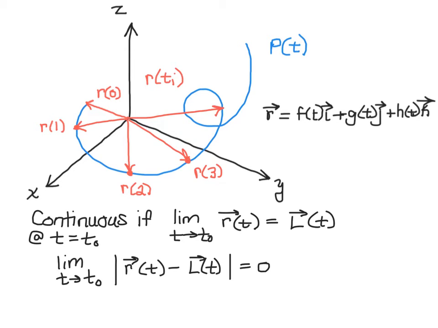So this is an easier way to determine continuity: we look at the difference between these two vectors and the magnitude of the difference. And it should be 0 if the limit as t goes to t naught of r of t is equal to L.